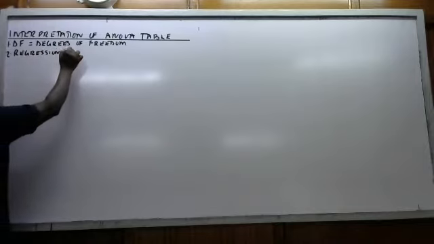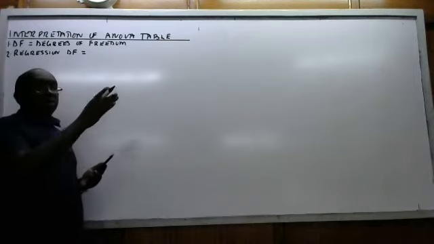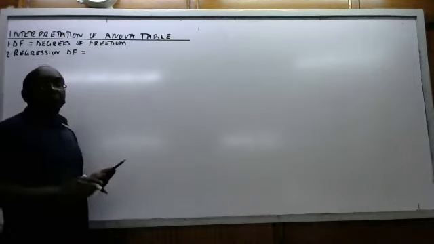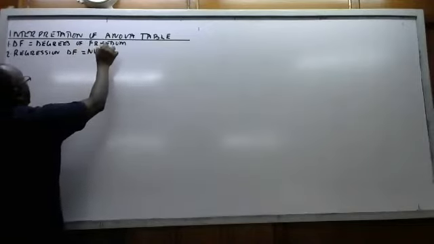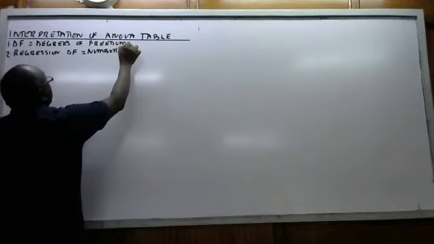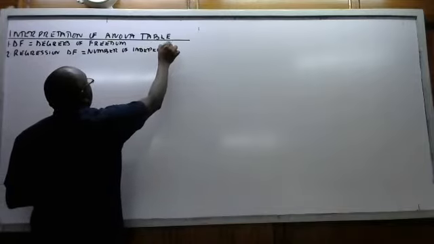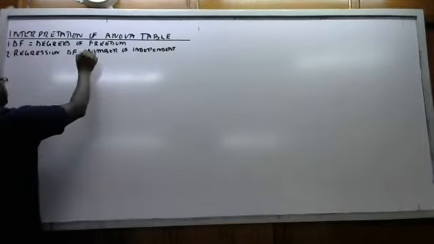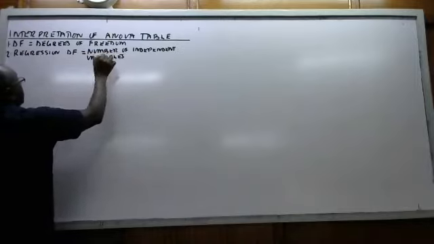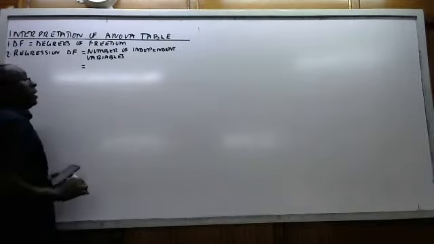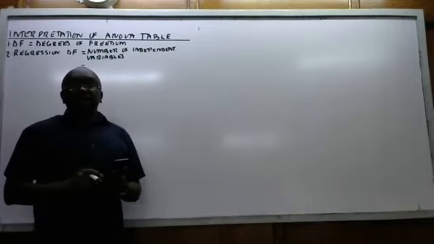Now, regression DF, where the word regression meets column DF, that represents the number of independent variables. The regression DF is the number of independent variables.